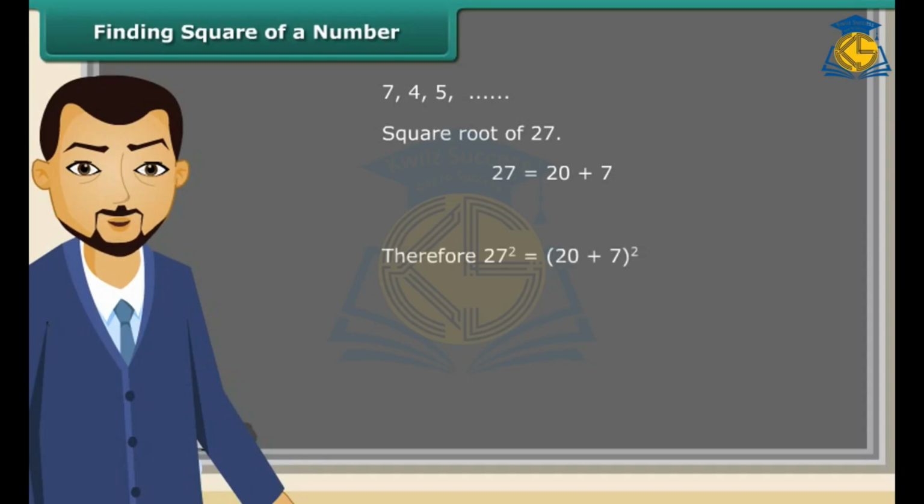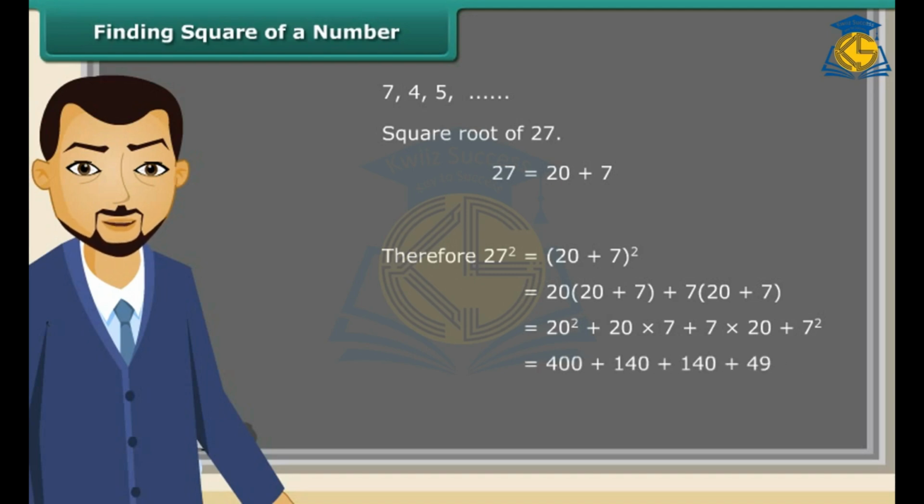Therefore, a square of 27 is equal to (20 plus 7) whole square, which is equal to 20 into 20 plus 7 plus 7 into 20 plus 7, which is equal to 20 square plus 20 into 7 plus 7 into 20 plus 7 square, which is equal to 400 plus 140 plus 140 plus 49, which is equal to 729.